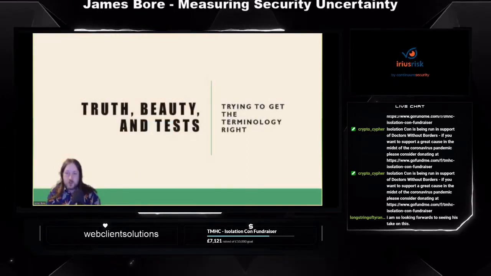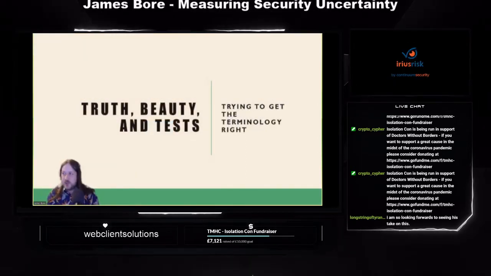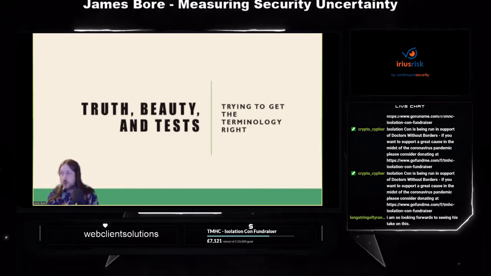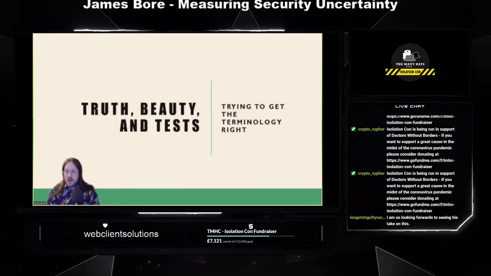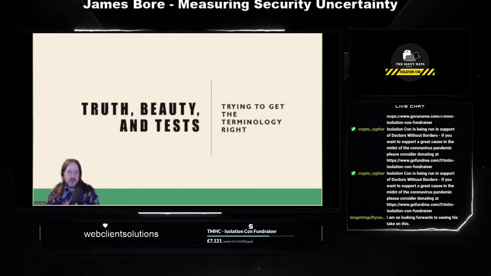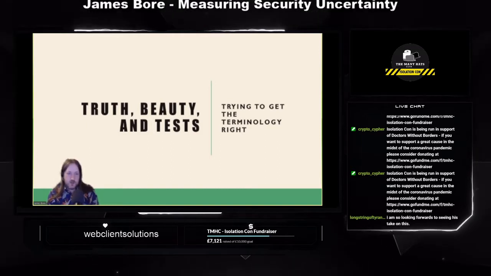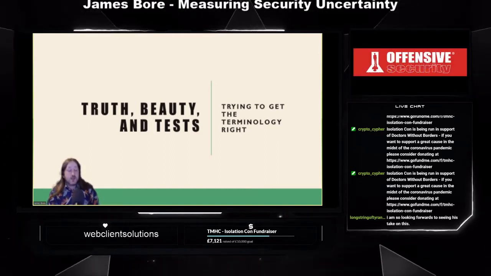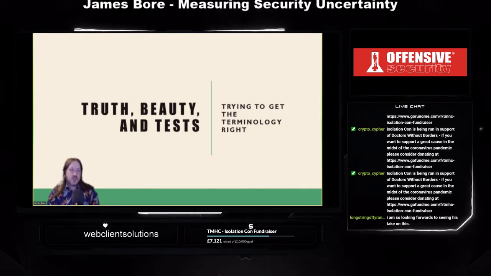But otherwise, we'll get onto the actual meat of this, which is the matrices of confusion, which sound pretty cool and really are. Truth, beauty, and tests. The first thing we need to use a confusion matrix is to establish our ground truth. Now, our ground truth can be almost anything.